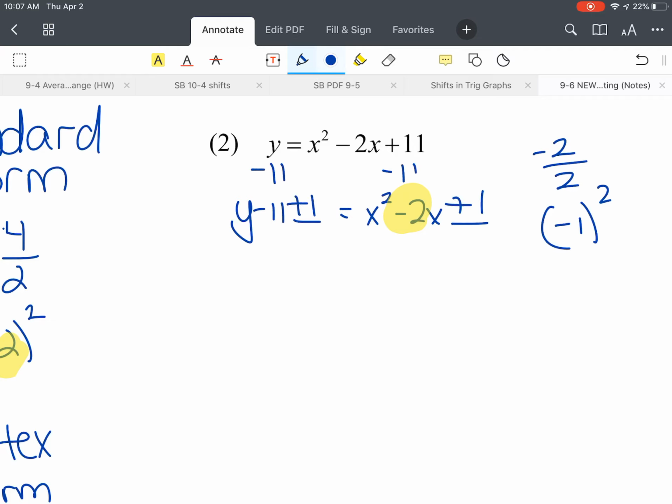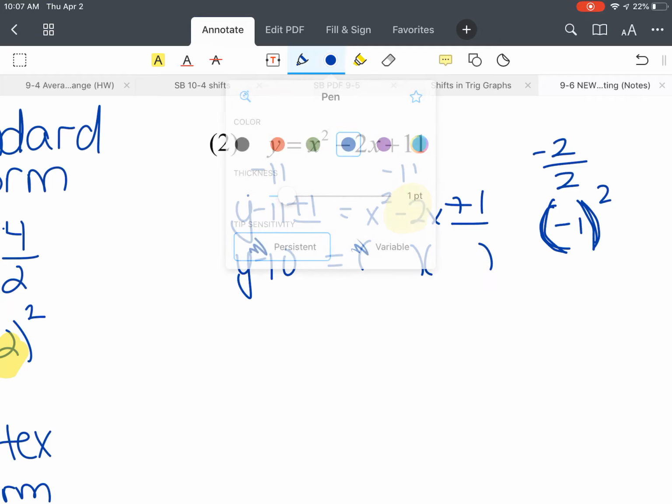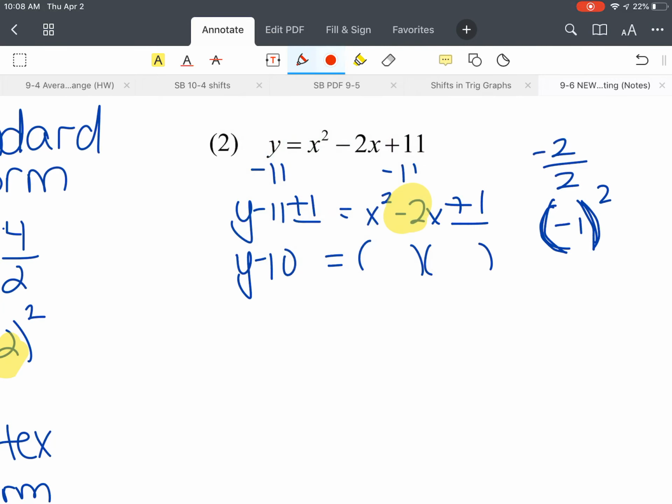If you're ever not sure, definitely use your calculator. Make sure when you're squaring it that you are using these parentheses. So parenthesis, negative 1, parenthesis, squared in your calculator. Let's add negative 11 and 10. And then on the right, we need to factor. So we are looking for two numbers that multiply to 1 and add to negative 2.